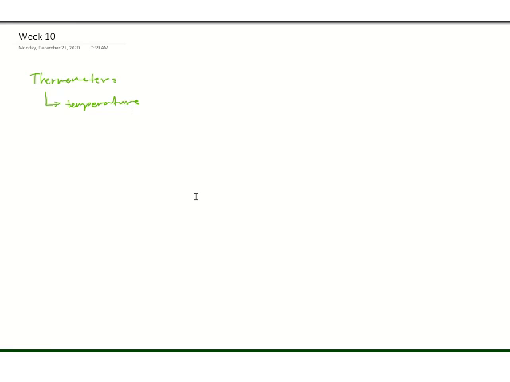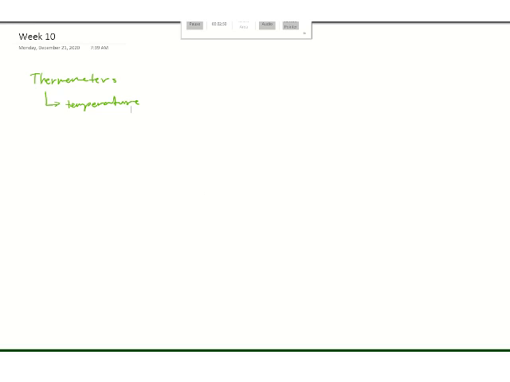At that time, scientists around the globe found it very hard to discuss among each other. That's why we are seeing various units of measuring temperature. The ones that are quite famous are Fahrenheit and Celsius.